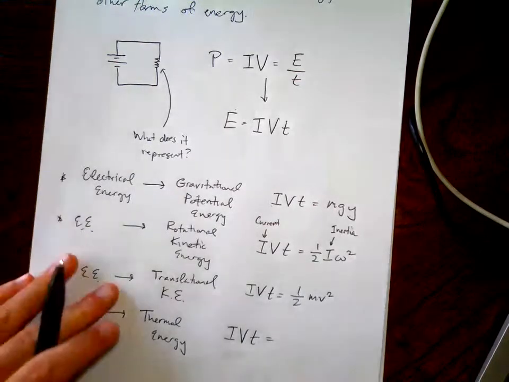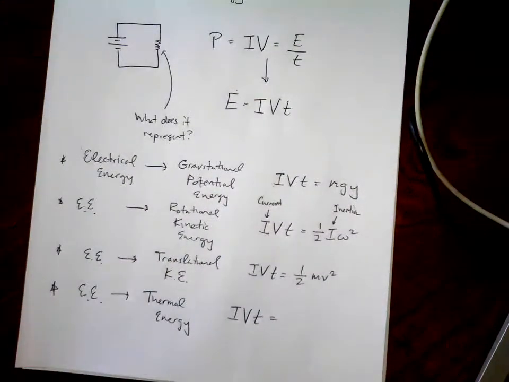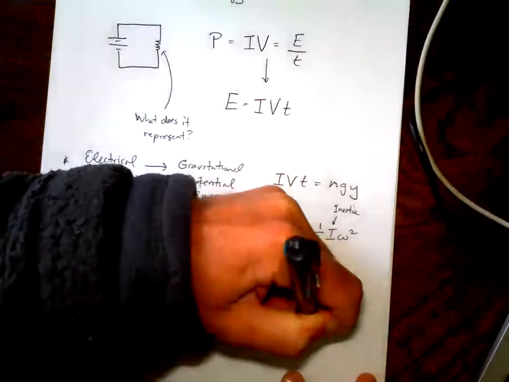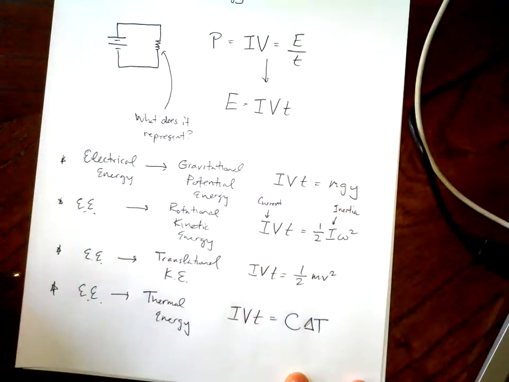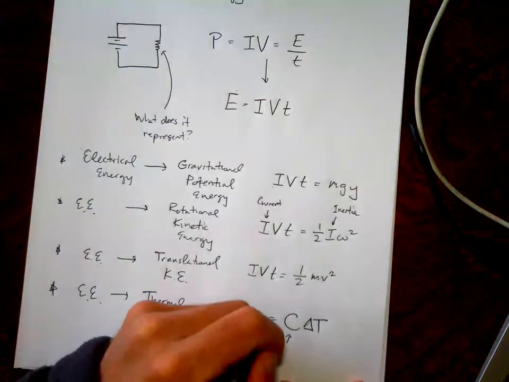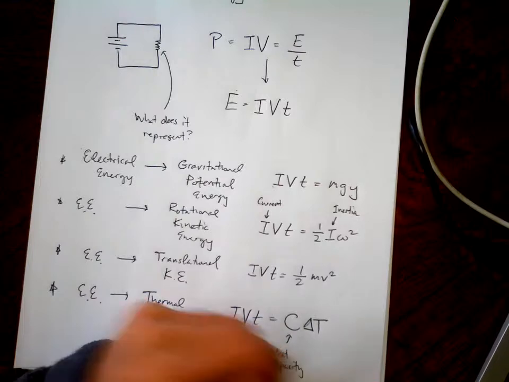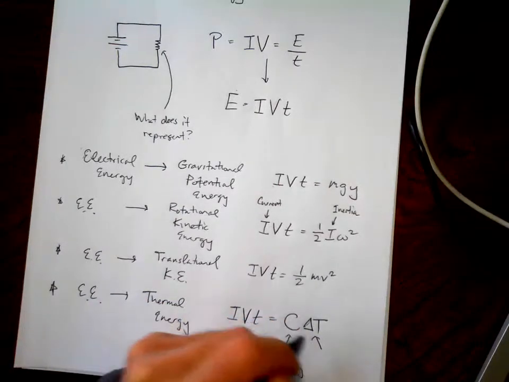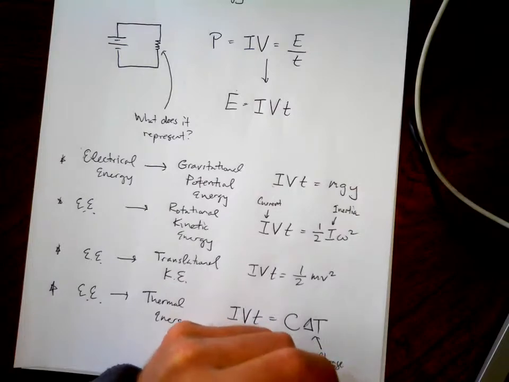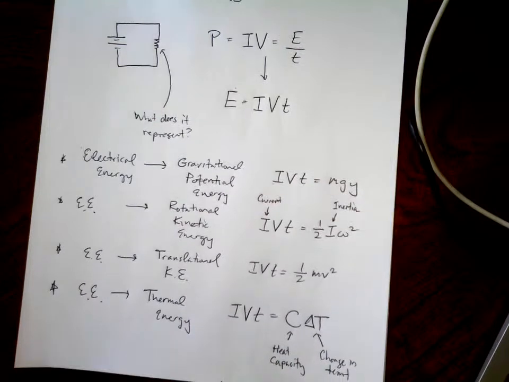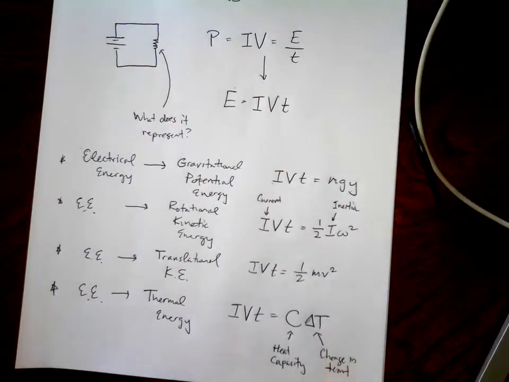You might recall from chemistry, and if you don't understand the thing I'm putting on the right-hand side, do not worry about it at all, I'm going to write it as C delta T, where C is called the heat capacity and delta T is the change in temperature. If you don't know this equation, don't worry about it.